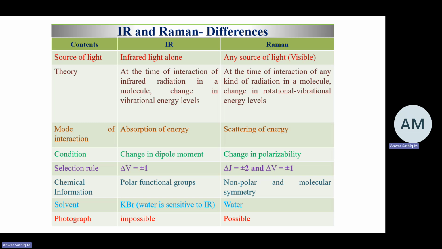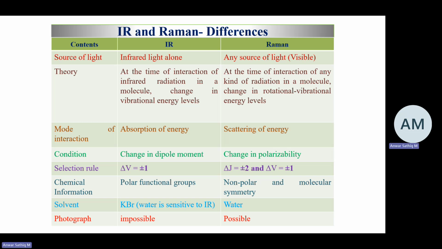However, the theory of Raman spectroscopy is that it studies the interaction of monochromatic light with molecules. During this interaction, molecules undergo changes in their rotational and vibrational energy levels due to inelastic scattering of light.